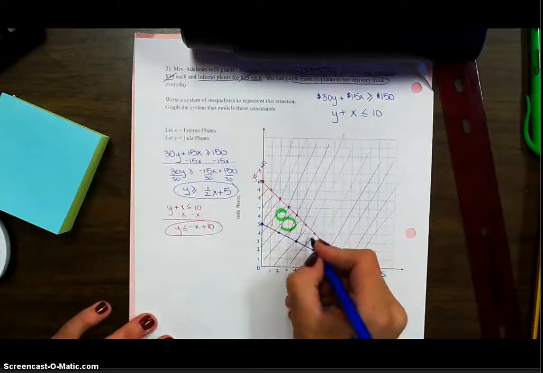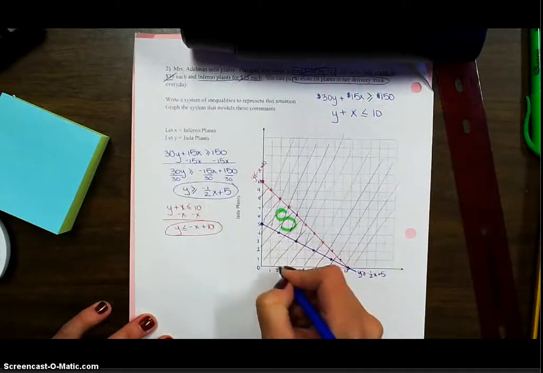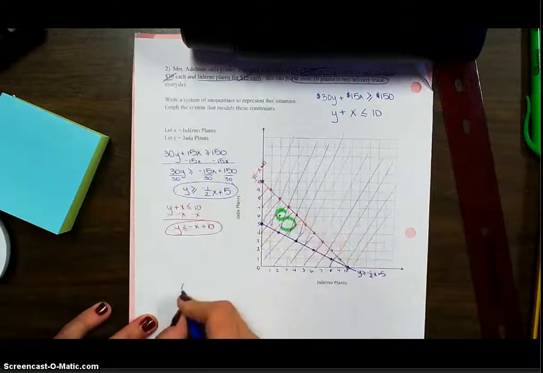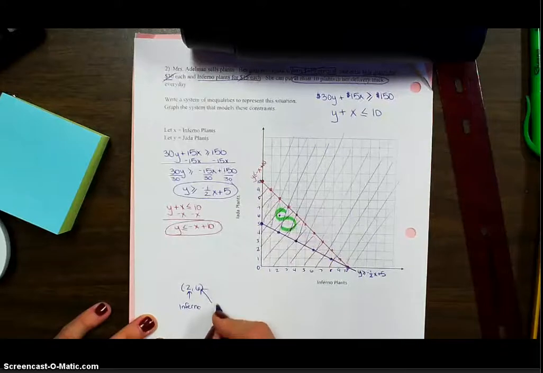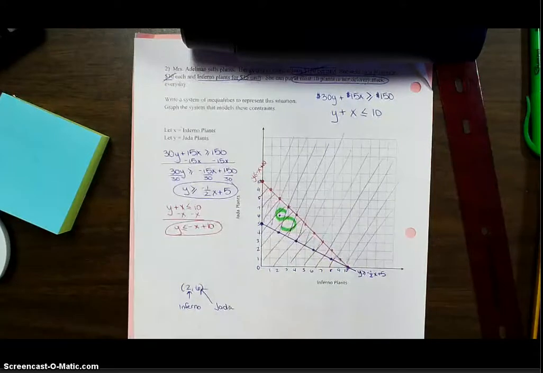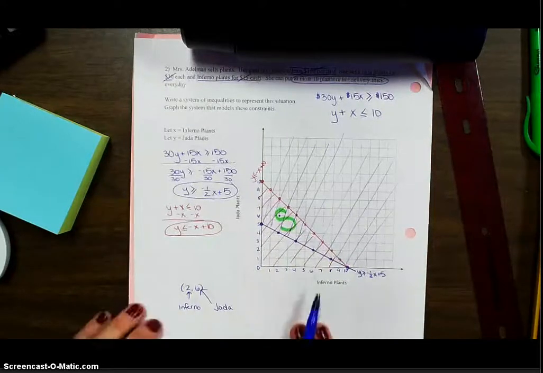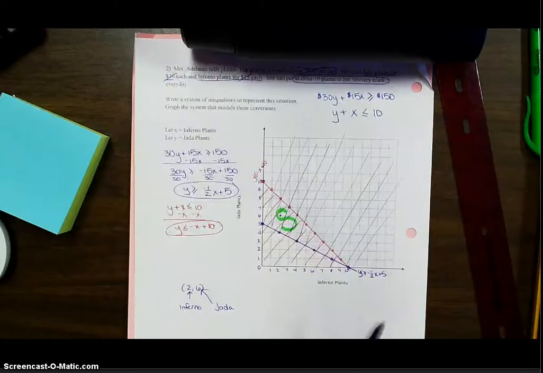If I wanted to pick a point, I could pick 2 comma 6, so 2 Inferno plants and 6 Jada plants. She would be able to make her goal of $150 per day.